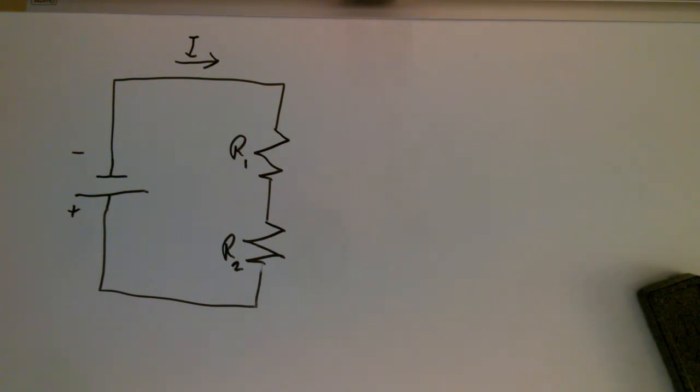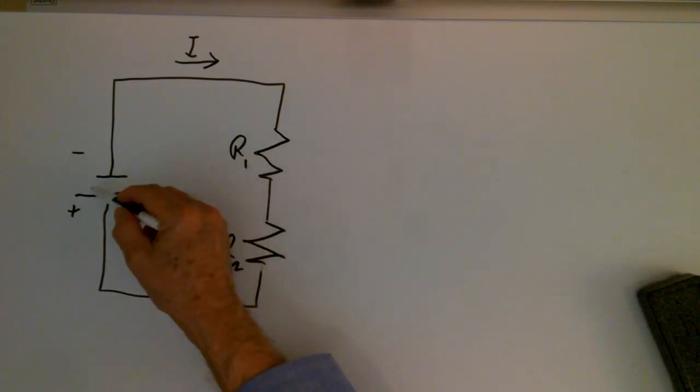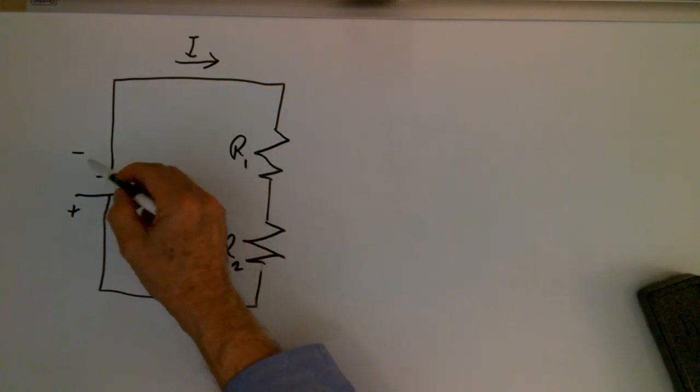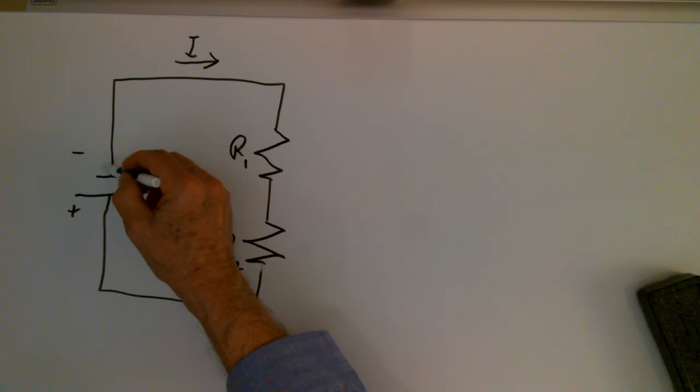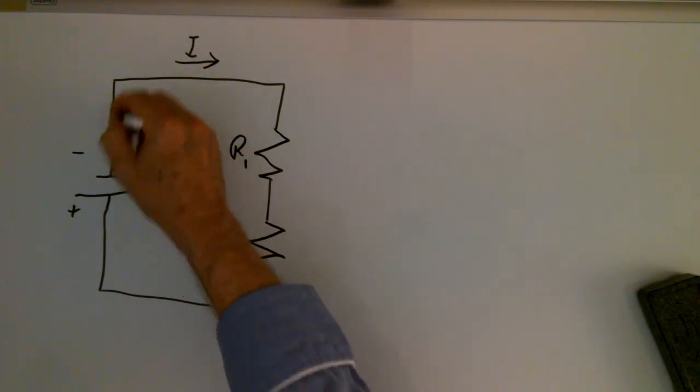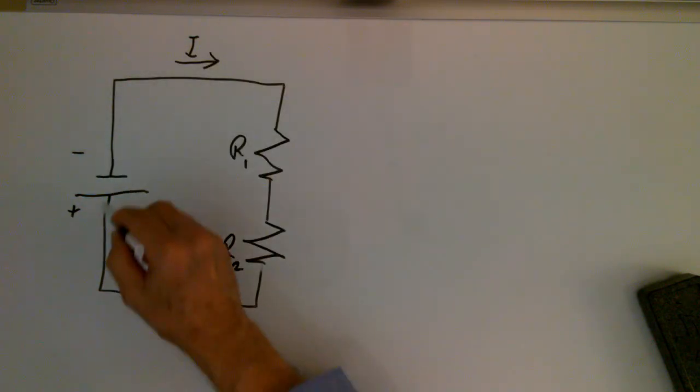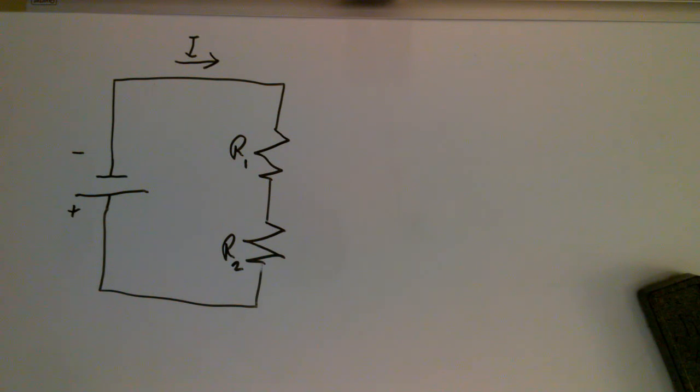Now, yesterday we talked about voltage drops, and we say that for the power supply, electrons are pushed out of the negative pole around the circuit and back to the positive pole.